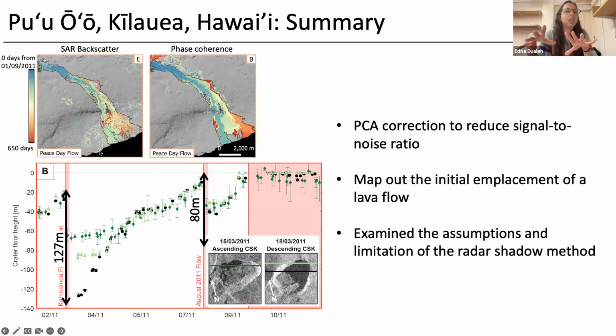The mapping of the initial emplacement of the lava flows worked relatively well using SAR backscatter data, and the radar shadow method works well, depending heavily on the geometry of the SAR sensor, as well as the geometry of the feature you're looking at. So these are important to consider when applying this method.